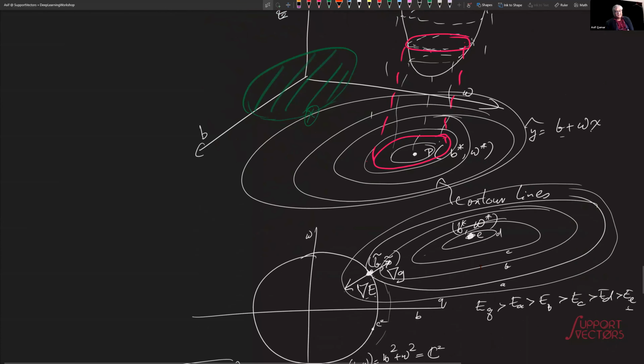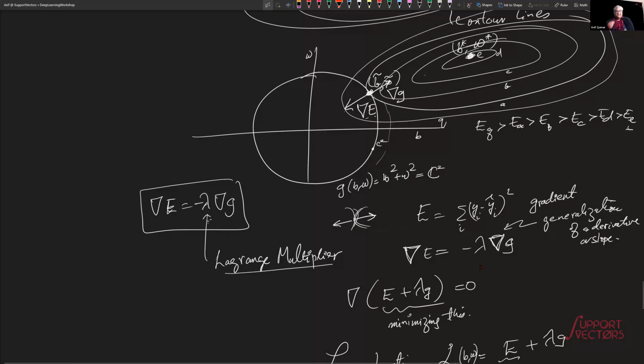That leads to some interesting geometry in the parameter space. When we project down the loss contour surfaces, we end up with a circle of certain size, and the circle is a circle in quotes: a diamond for L1 and a true circle for L2.